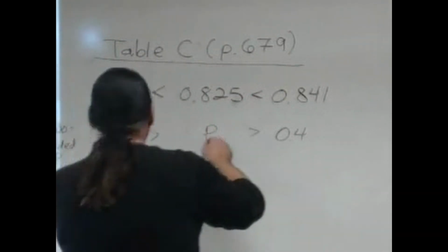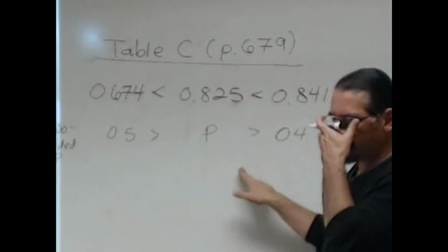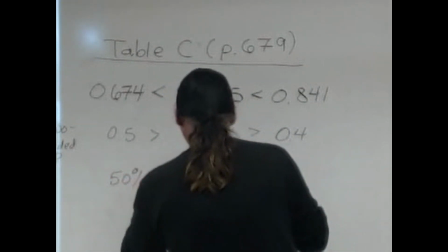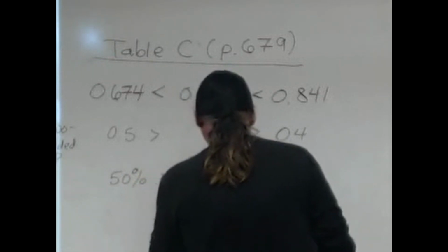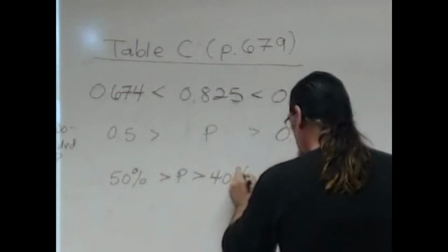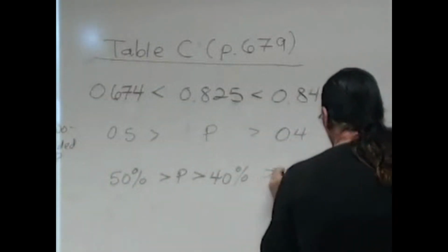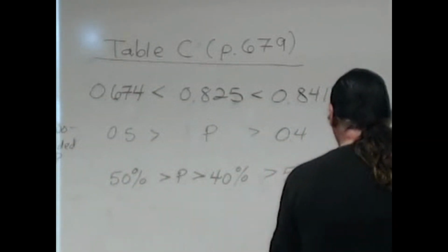Well, what are these as percents? 50% and 40%. What is 5% in relation to these things? Alpha was 5%. Where is it in relation to the 50 or the 40? It's even less than the 40%, right? Okay? And that's what matters.